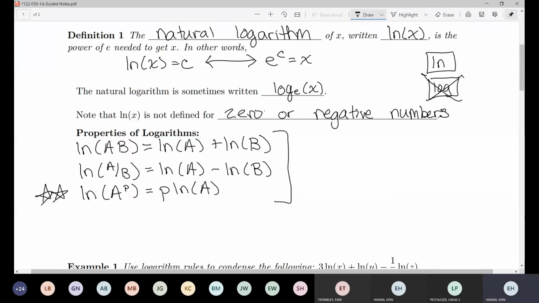Those three are the powerhouses. Those are the main ones, but a couple more.